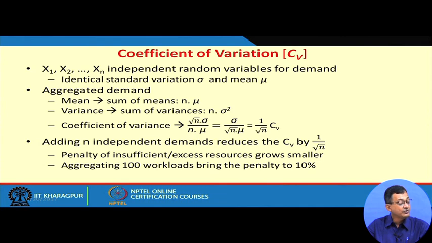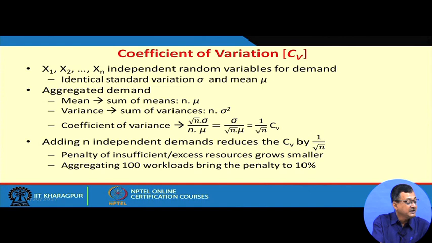If we calculate the coefficient of variation, it is 1 by root n times CV, right. So if n increases, I multiplex more, then 1 by root n decreases, and I have a more smoothed out coefficient of variation, or smoother type of curve.